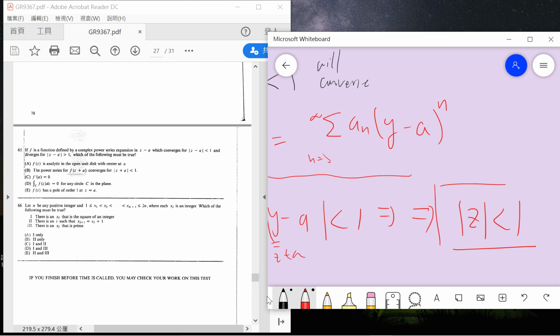So the convergence condition should be the absolute value of z smaller than 1. Then this is the answer. And in the previous case, we don't rule out B because we chose a to be 0. So this should be the correct condition.